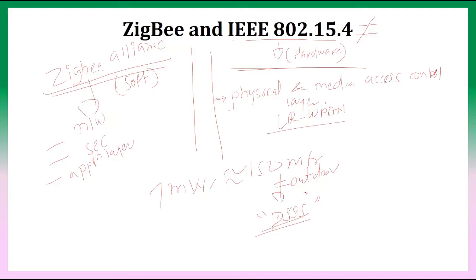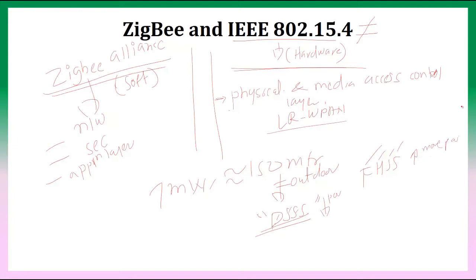Also, DSSS consumes less power than the well-known technique FHSS, which is frequency hopping spread spectrum. So DSSS will consume less power, and FHSS will consume more power.